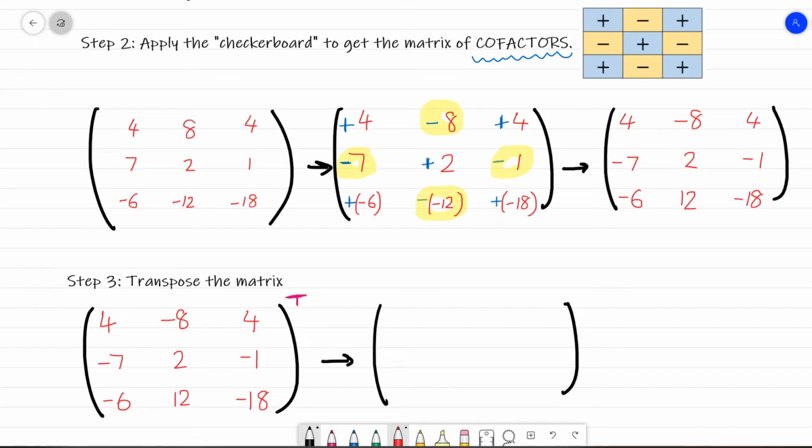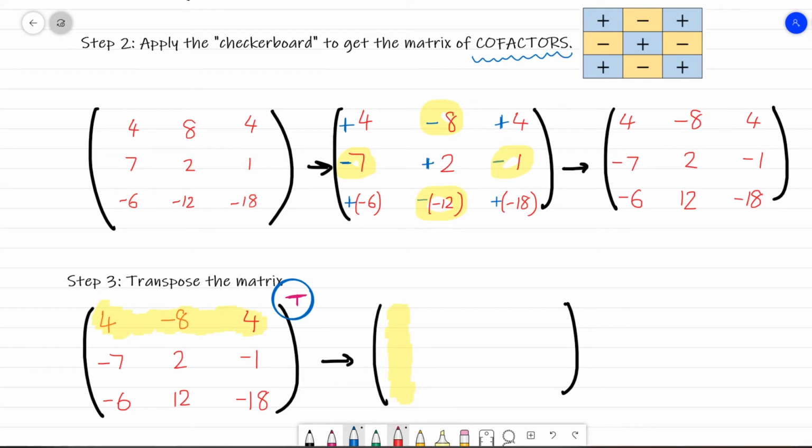Okay, here is step 3. We're going to transpose the matrix that we got at the end of step 2. The transpose, you can see a little T here. Effectively, what transposing a matrix does is it swaps the columns and the rows around. So this first row here, the 4, minus 8, 4, is going to become the first column.